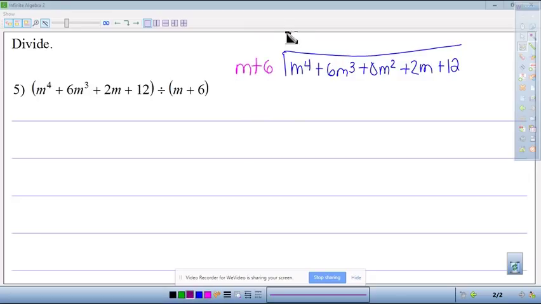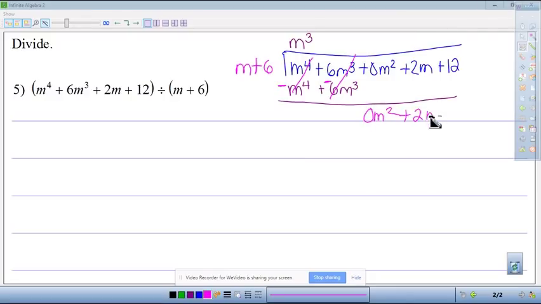So to turn m into m to the 4th, I need m cubed. And so that would become m to the 4th plus 6m cubed. I'm subtracting, so that changes my signs. And in this case, they both cancel out.